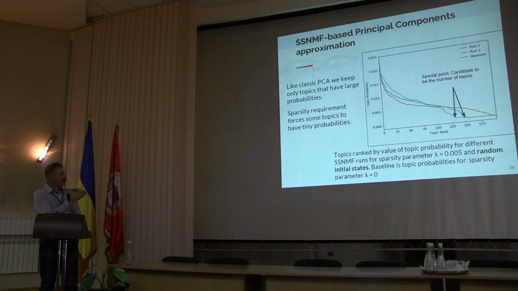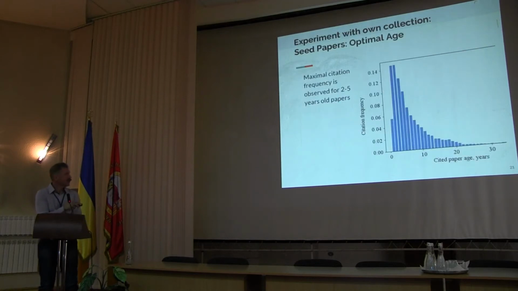We can suggest that for the green line, the number of topics is 126, and for the blue line, the number of topics is 150. Because we start at different papers, we can get slightly different numbers of topics.